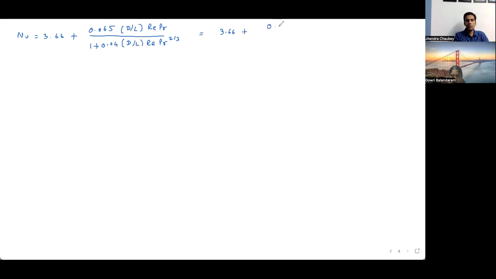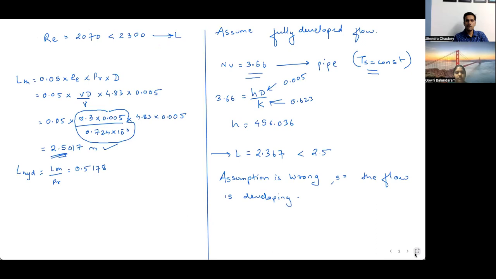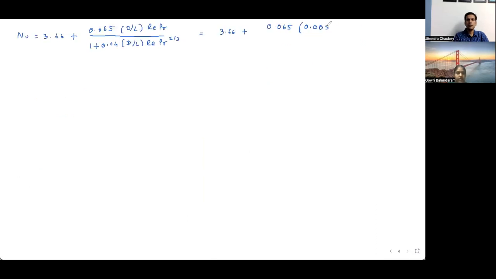3.66 plus 0.065 into 0.005 by 13 into 2070, Prandtl was 4.83, upon 1 plus 0.04 into 0.005 by 13 into 2070 into 4.83 raised to 2 by 3.